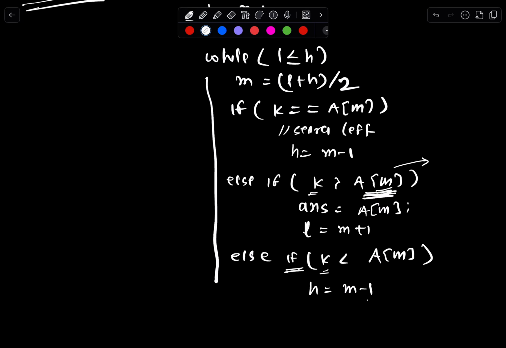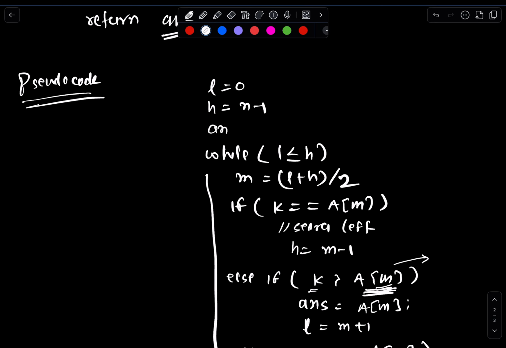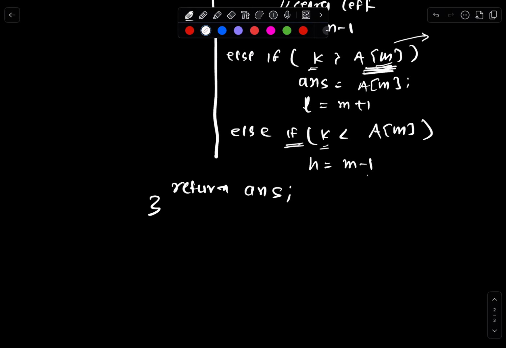If my while loop ends, I will return answer. And I have to define a variable answer and I'm assigning a minimum value to the answer. At first, I'm assigning the minimum value. Why? Because let's say if I don't find my answer, then it will return the minimum value of integer.